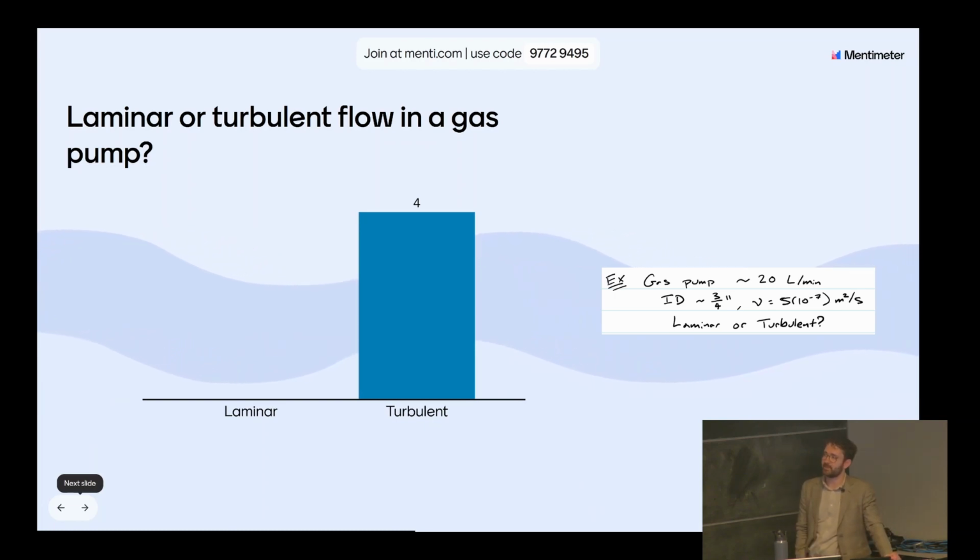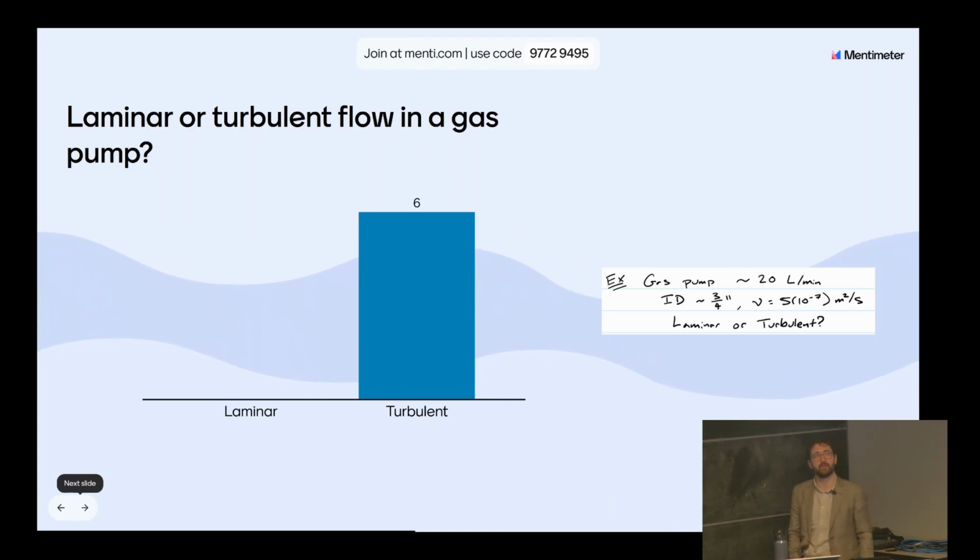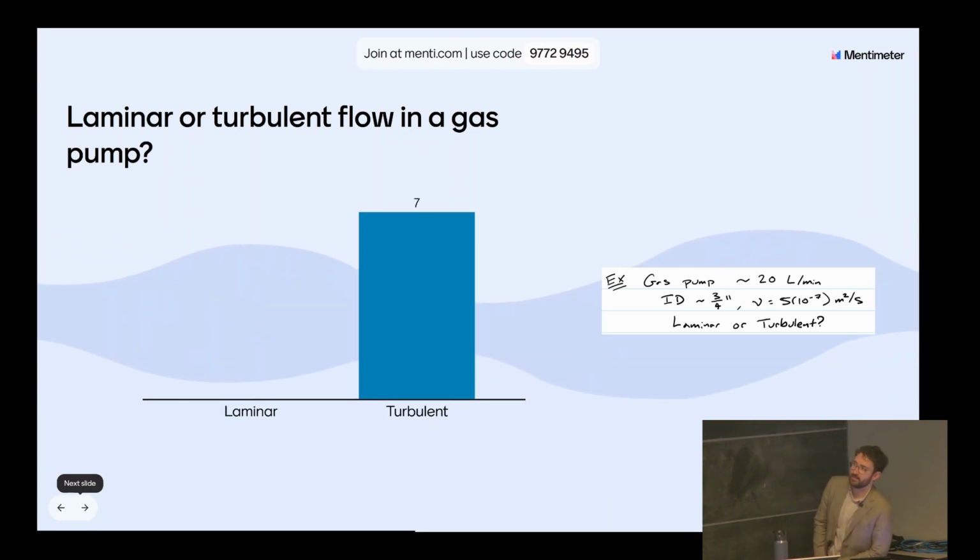Maybe if someone calculated a Reynolds number, I want to share it. So yeah, this is going to be basically turbulence.